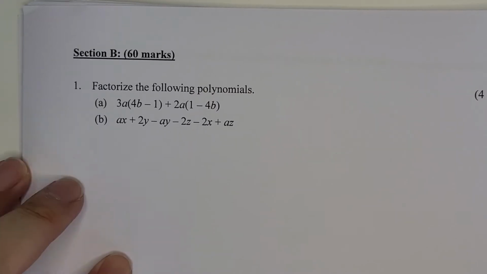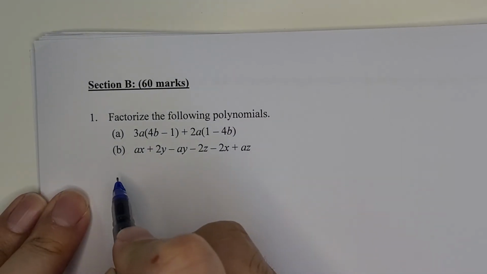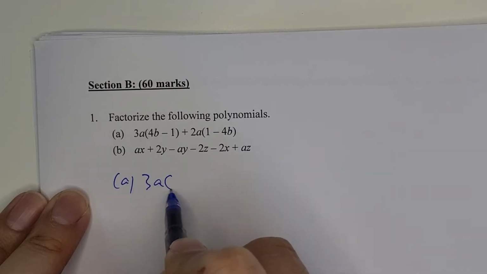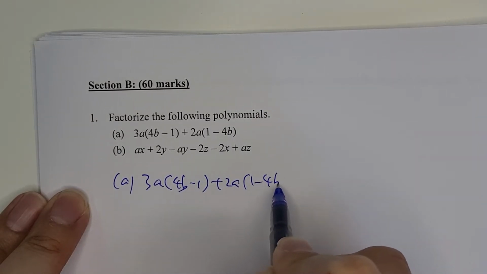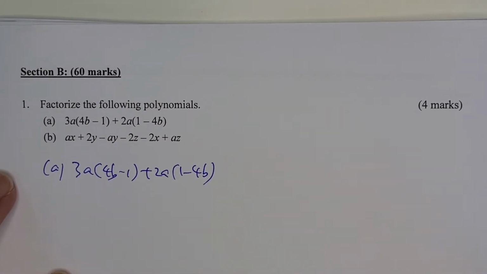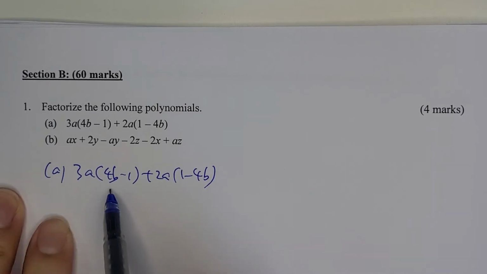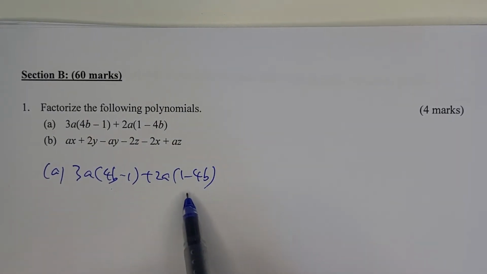For question number 1, factorize the following polynomials: A, 3a(4b minus 1) plus 2a(1 minus 4b). Here, what you can do is, you try to think. There's a first term 4b minus 1 and another one 1 minus 4b.